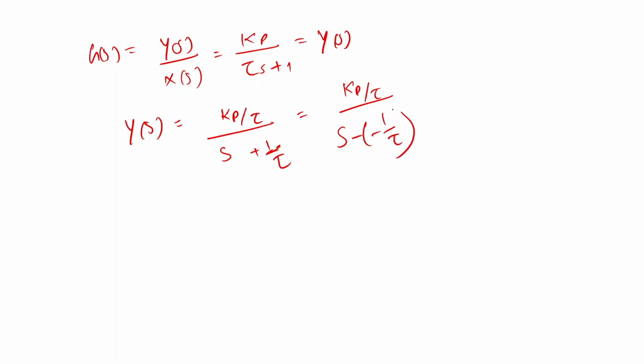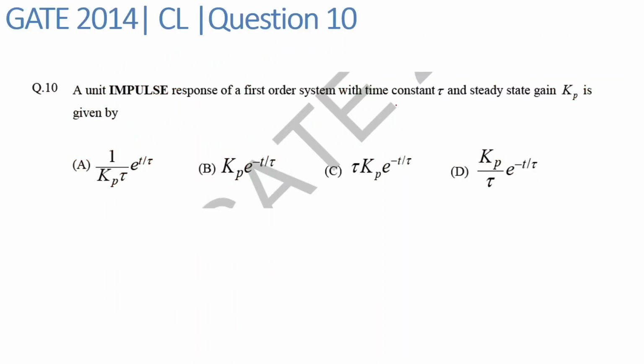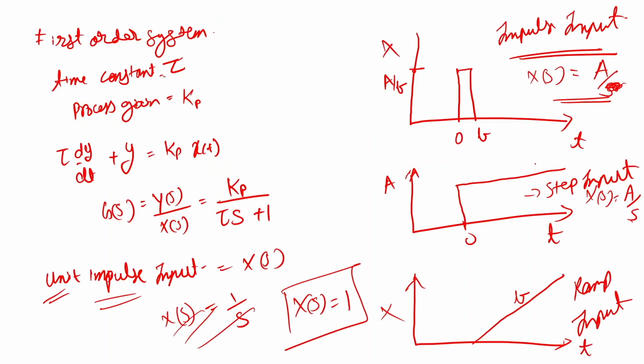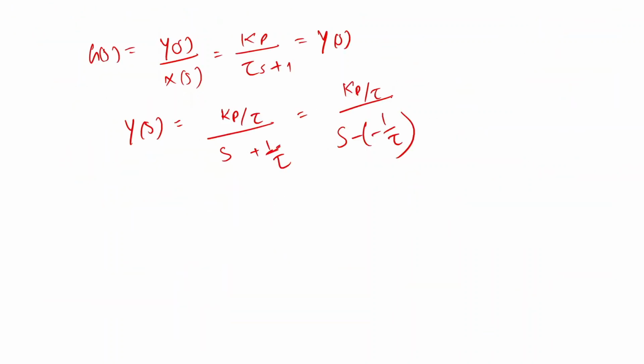Now, in this given question, we have to find the response of the first order system in the time domain. So we need to take the inverse Laplace of this term. L inverse of Y(s) is equal to Kp upon tau times 1 upon (s minus (minus 1 upon tau)).